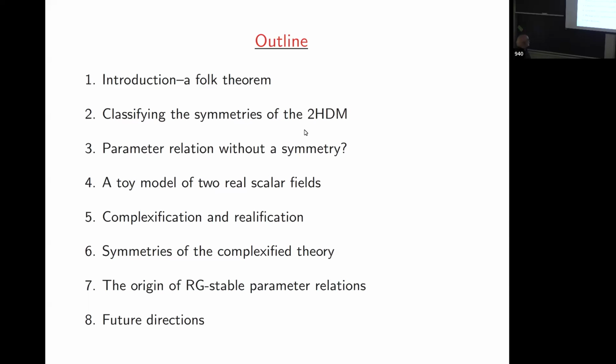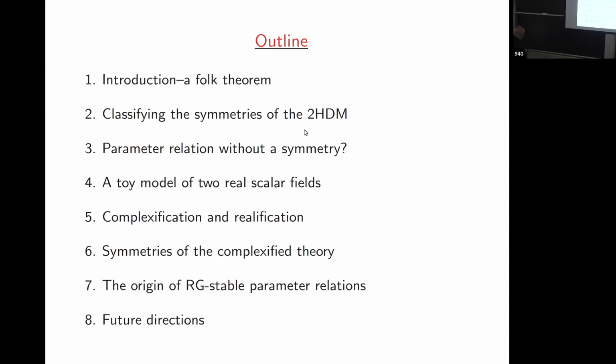And so this sparked my interest, and to try to really understand what was going on here, it turned out that there was a very nice toy model, much simpler than the 2 Higgs doublet model, that had all the same features. So we could handle it in some sense and try to understand what was going on.